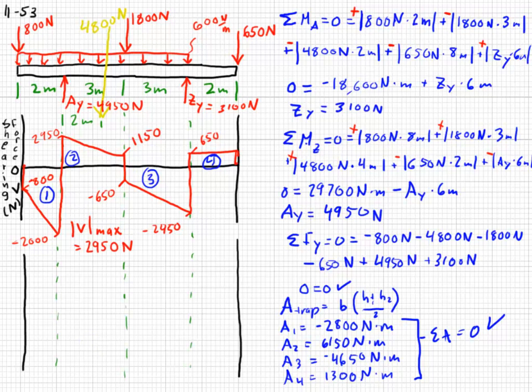In this example, we don't have that. So I'm going to label it bending moment M, and the units are Newton meters, and I've got the horizontal axis here.